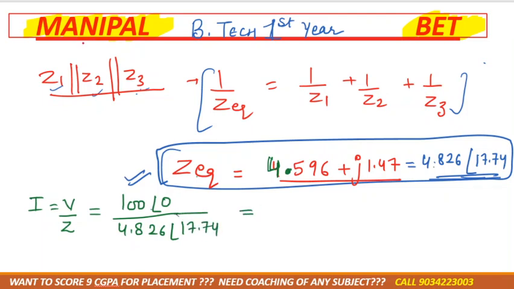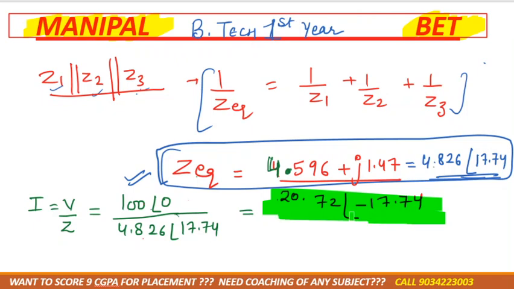If we solve it, then what we'll get? As I told you, the magnitude is divided by the magnitude, so 20.72 and the angle would be subtracted. So 0 minus 17.74 is minus 17.74. This is the value of current we obtained.